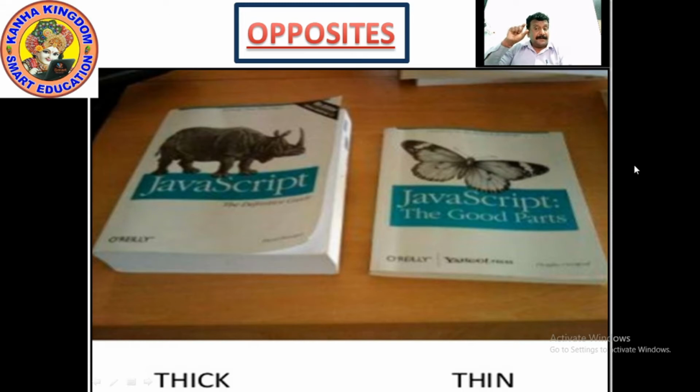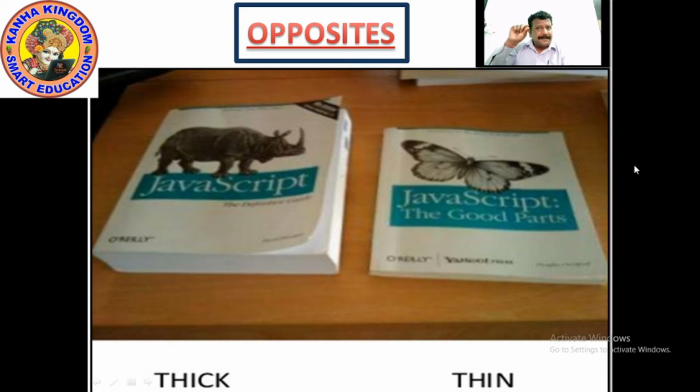Looking at the thickness of the book, how do we express it? We'll say that book is thick. Right? And here when you express it as thin, how do you tell it? If you want to tell somebody, this is a thick book and this is a thin book.